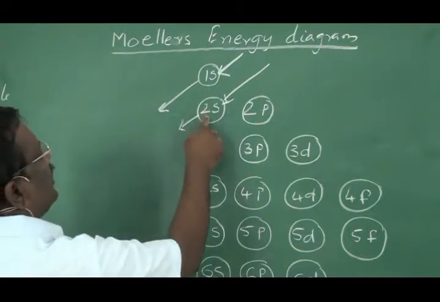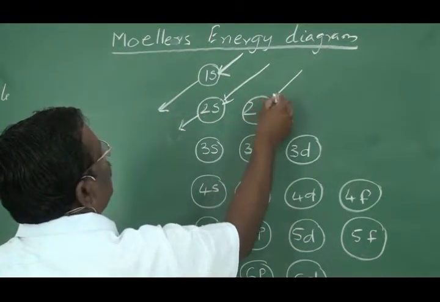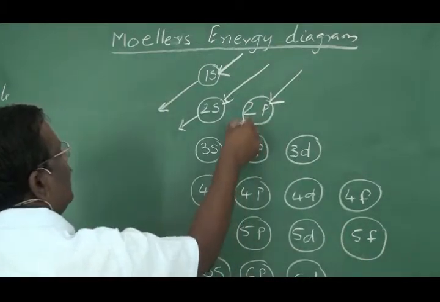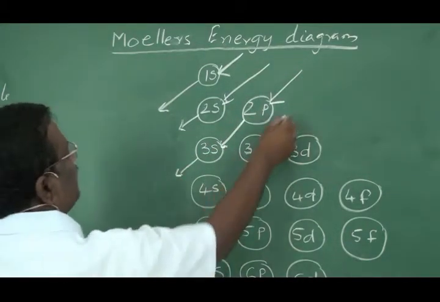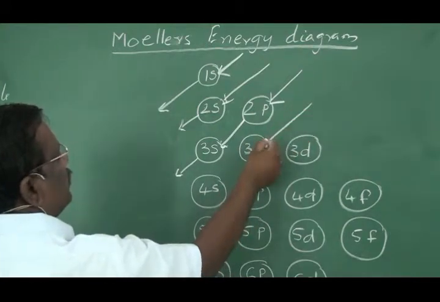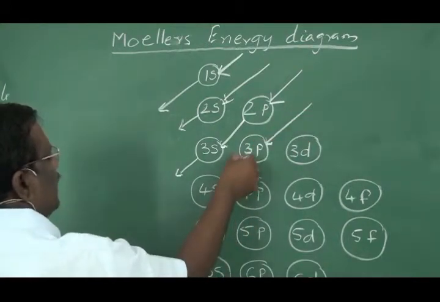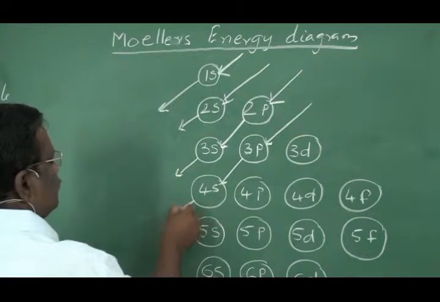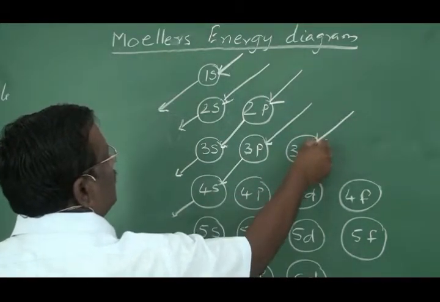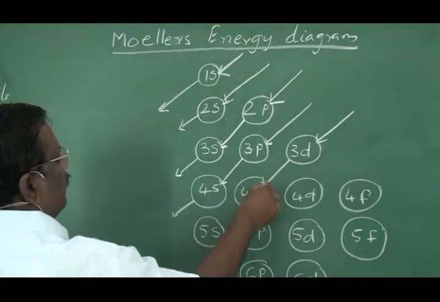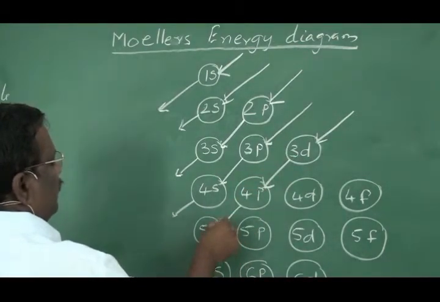After filling of this 2s, then electron will enter into 2p orbital, then 3s. After filling 3s, the electron will enter into 3p, then 4s. After filling 4s, electron will enter into 3d, then 4p, then 5s.